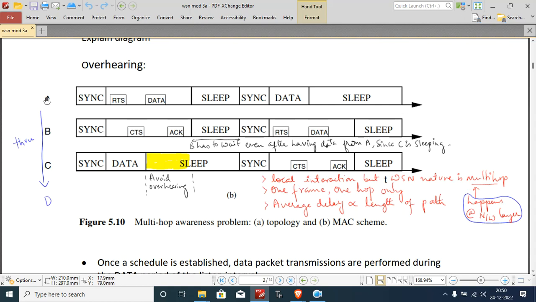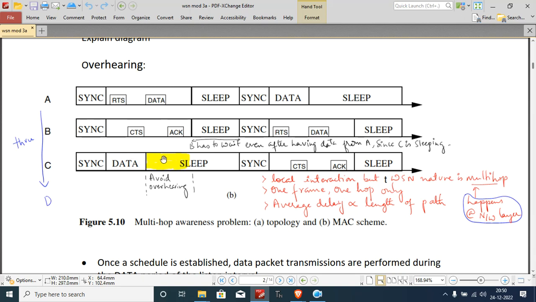So basically, when communication is happening between A and B, node C, which is in the same vicinity of node A, will turn off its radio and automatically enter into sleep mode.